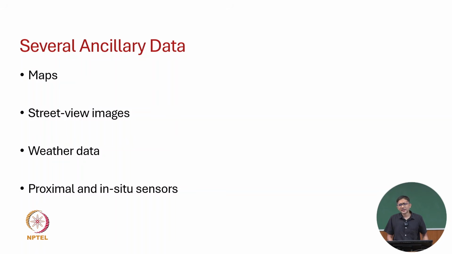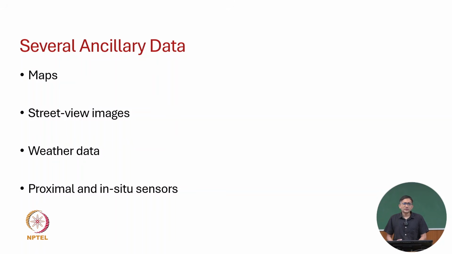This briefly I had mentioned before when I was talking about the proximal or in situ sensors, right? So this ancillary data may come in the form of existing old maps, street view images, weather data, proximal and in situ sensors.